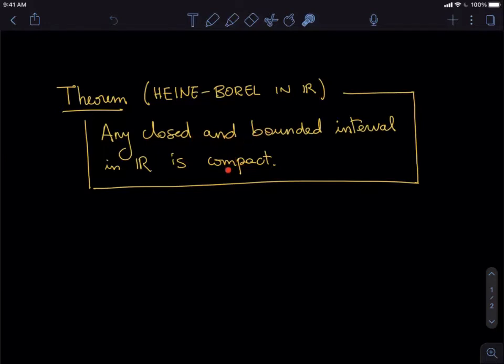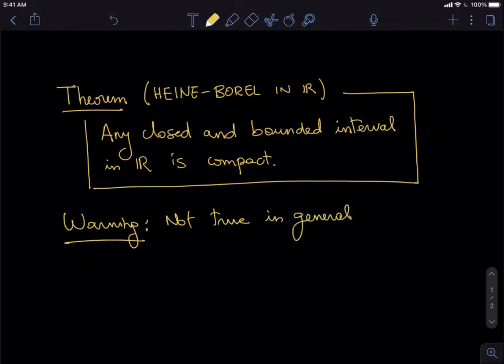But be careful here. An important warning is that this is not true in general metric spaces. Let me take note of that warning. This is true, and we will see it in every R^k, but in general, it's not.